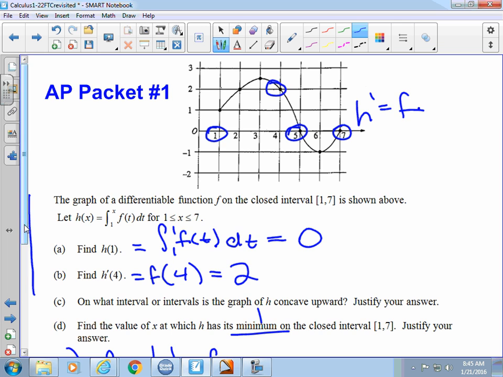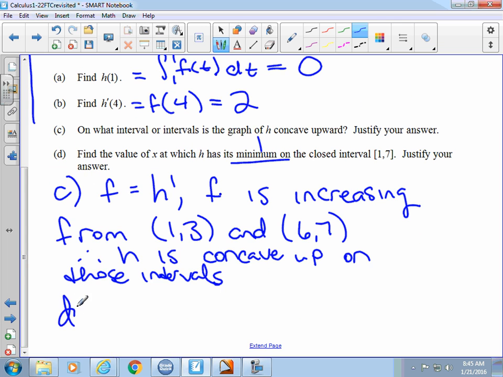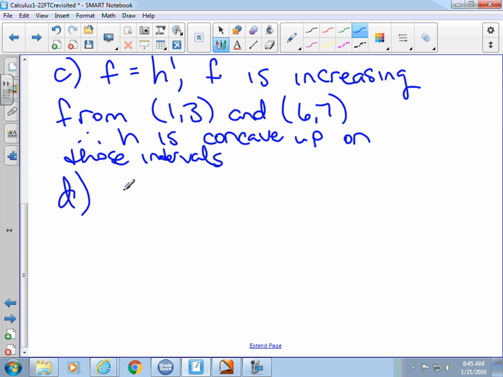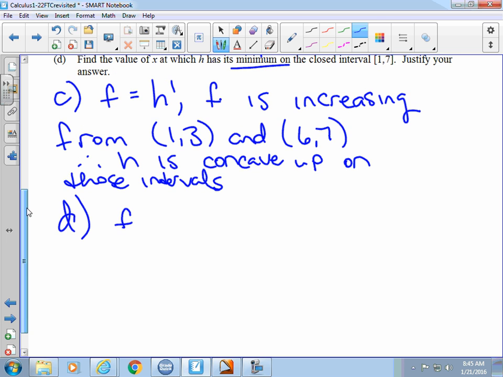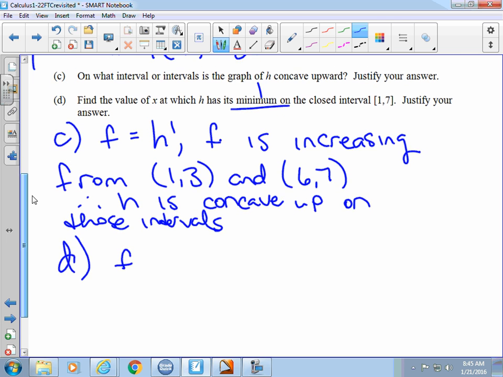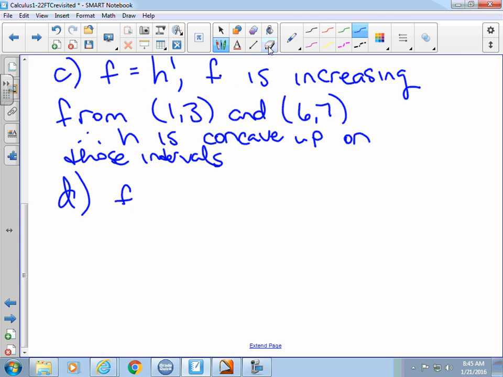So, now I need to talk about the AP Reader. What does the AP Reader need to know? So we use a candidates test. F of, what did it ask? What x values? Find the value of x. Right, you could say that several ways.